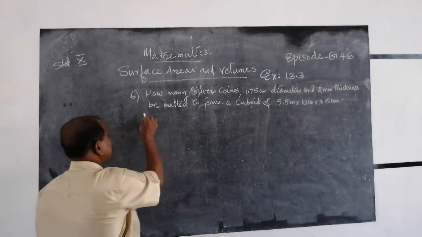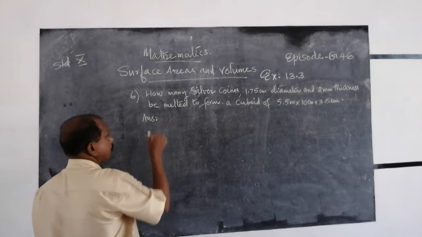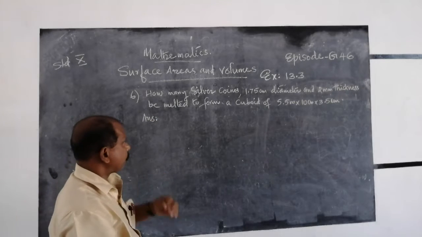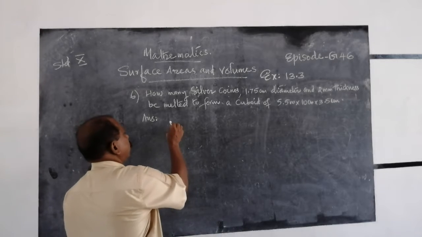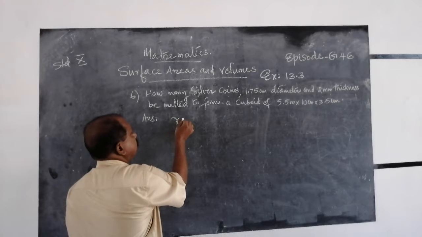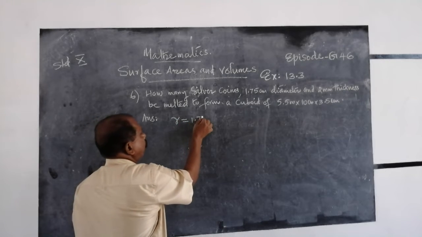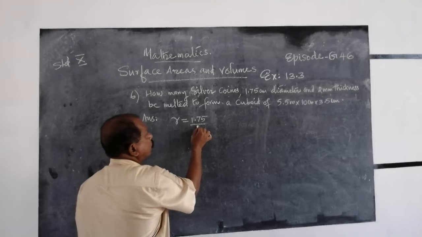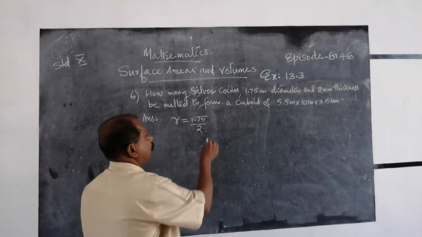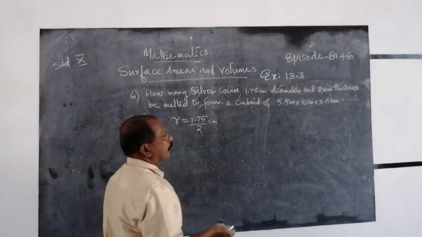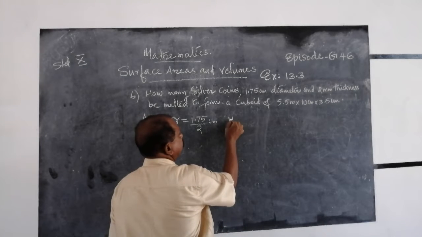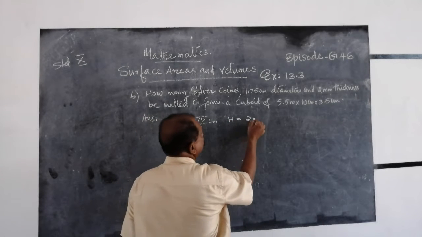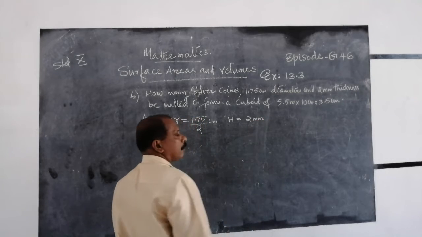The answer is: diameter of that one is 1.75 centimeter, therefore r is equal to 1.75 by 2 centimeter. Thickness is height, that is capital X is equal to 2 millimeter.